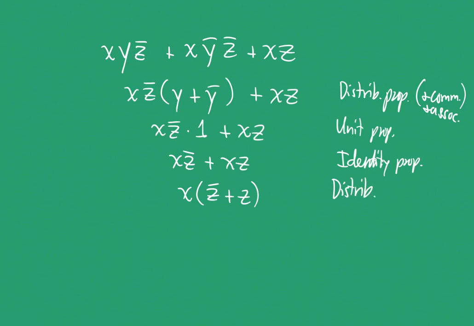In a way similar to what we did with the y plus not y, we're going to do a similar thing with the z bar plus z. So that will become a 1, and then x times 1 is just going to be x. So again, this will be unit property and then identity.